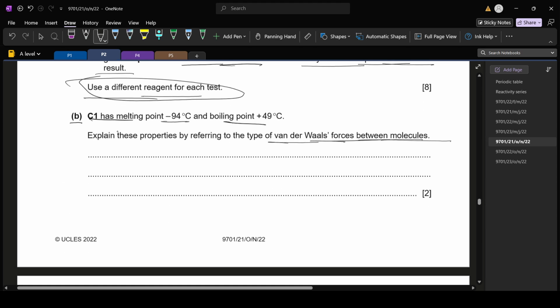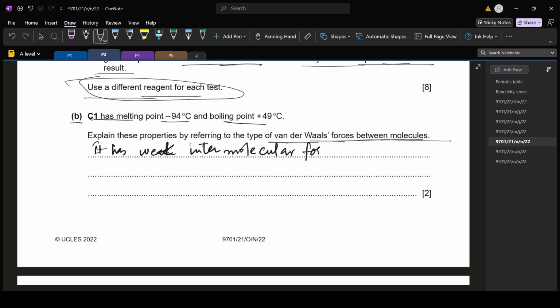The dipoles cancel, so there will be only instantaneous induced dipole forces, and weak intermolecular forces.